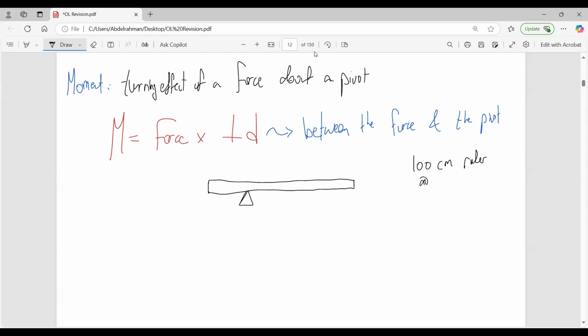So at 50 centimeters is the center of mass, which is the weight. Weight is a force which is always acting downwards, at the 50 centimeter mark, for example. The pivot is at the 30 centimeter mark.